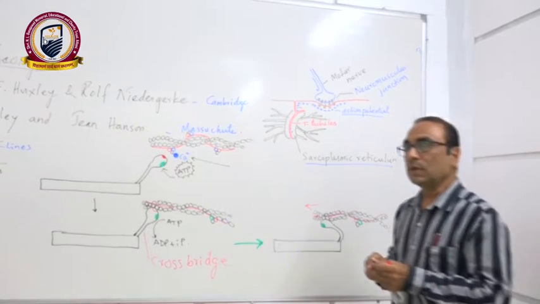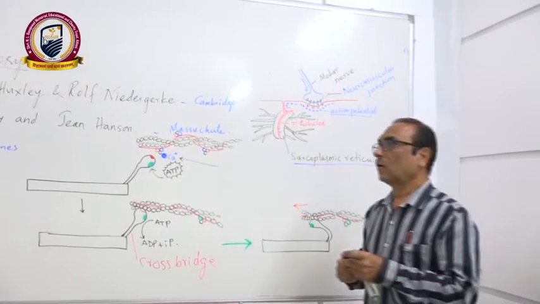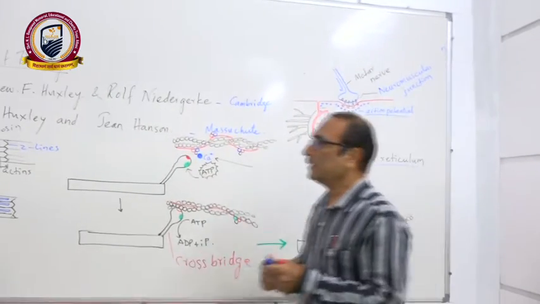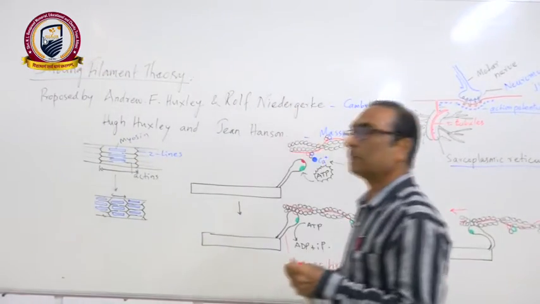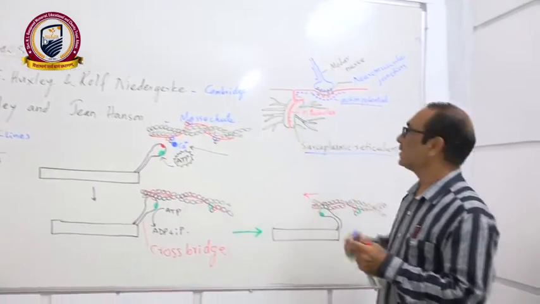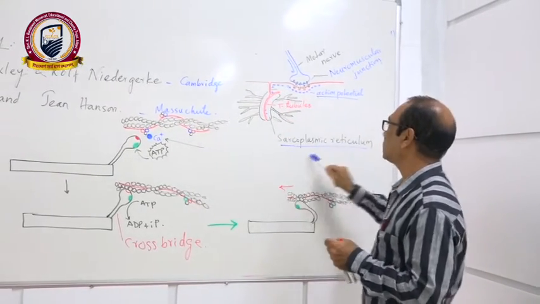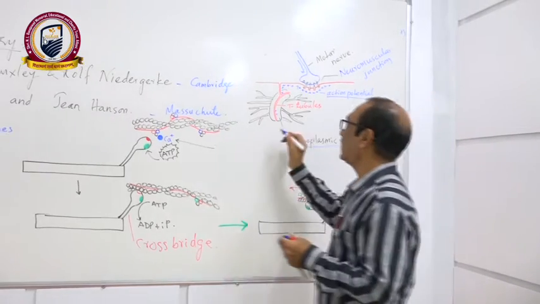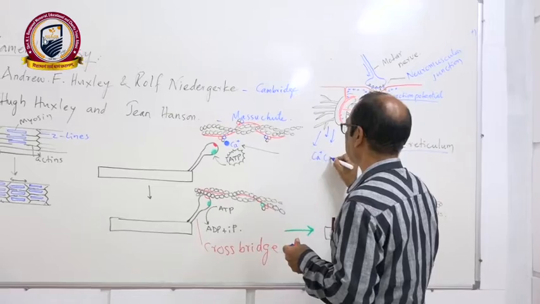These T tubules are located all along the myofiber, usually near the Z lines or near the myosin filaments. So these T tubules carry the action potential up to the sarcoplasmic reticulum. The sarcoplasmic reticulum gets activated and releases calcium ions.